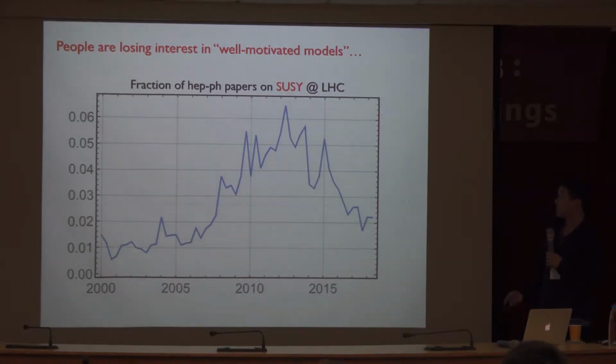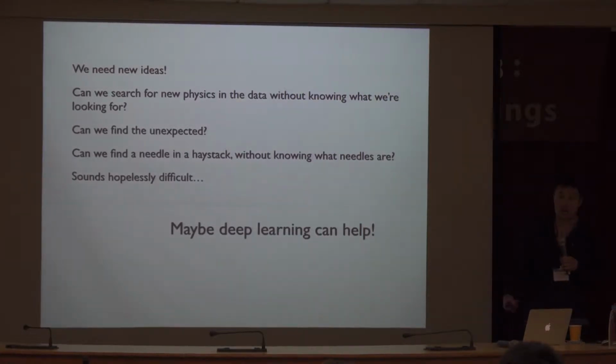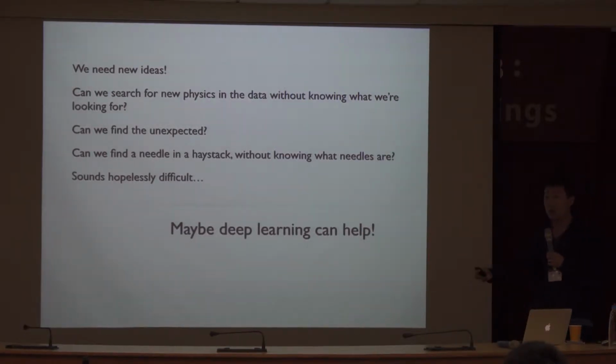Okay. So yeah, people are losing interest in these top-down ideas, and I think we need new ideas to motivate new searches for new physics at the LHC. And in particular, I think we need to admit maybe we don't know what we're looking for. And so can we search for new physics in the data without knowing what we're looking for? How do we look for new physics in this extremely messy environment of a hadron collider and find something unexpected?